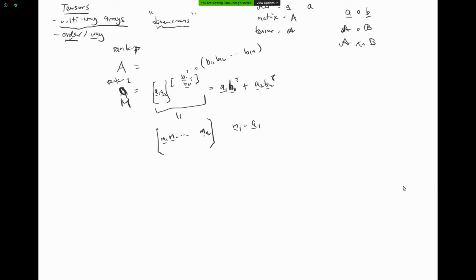Of course I should have put a transpose, but anyway. And B2 is B21, B22, and so on up to B2n. So the matrix B here is just equal to this. Then we see that M1 is equal to A1 times B11 plus A2 times B21.